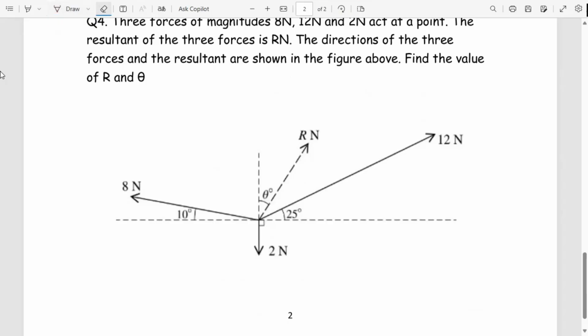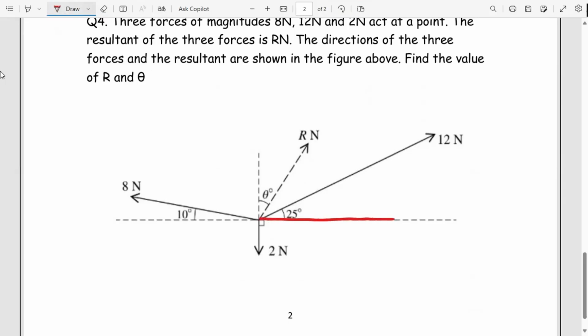So my first vector, which is the 12 Newton vector, will have 2 components, an x component and a y component, whilst the resultant will also have 2 components, a y component and an x component.